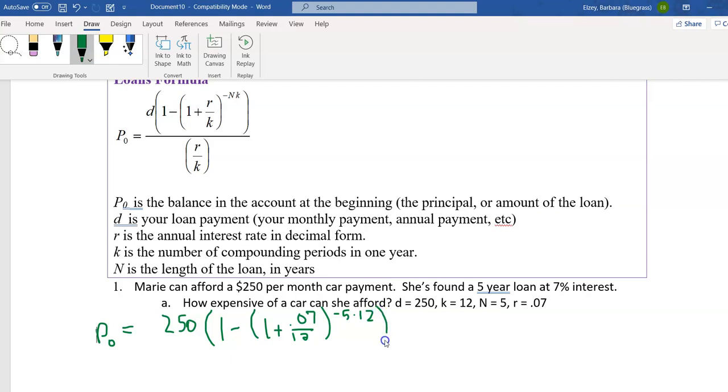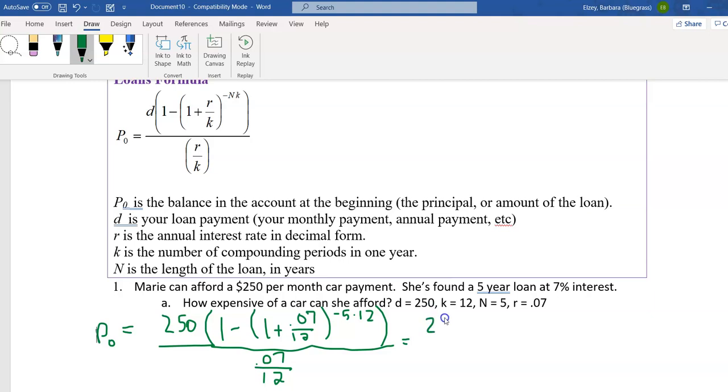Close those top parentheses. Now let's put that over R over K, 0.07 over 12. Now, just as we did before, inner parentheses must be done first in our order of operations.